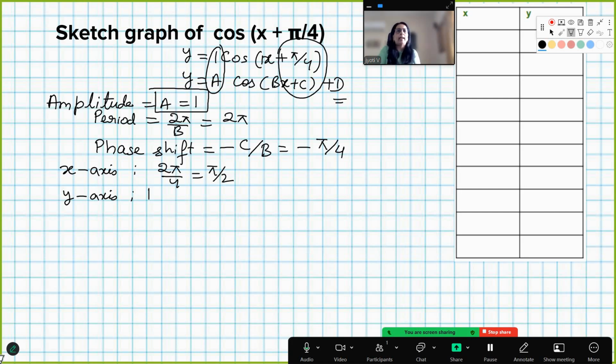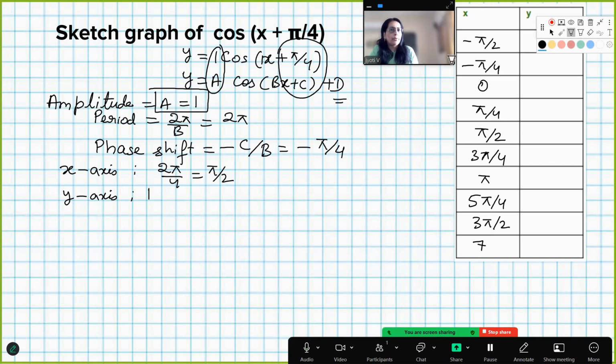Now let's see what I'm going to take on the x-axis. I will take on the x-axis, first, because the phase shift is negative pi by 4, I'll start from negative pi by 2, then negative pi by 4, then 0, then pi by 4, then 2 pi by 4, which is pi by 2, 3 pi by 4, 4 pi by 4 which is pi, 5 pi by 4, 6 pi by 4 which is 3 pi by 2, the 270 degrees, 7 pi by 4 and 8 pi by 4. 8 pi by 4 is actually 2 pi.